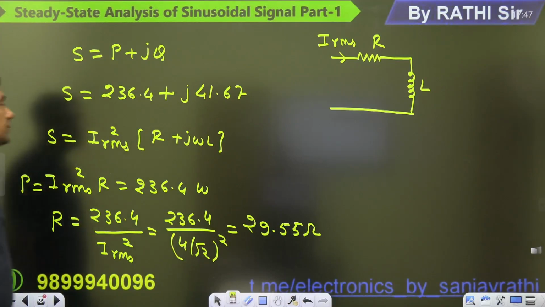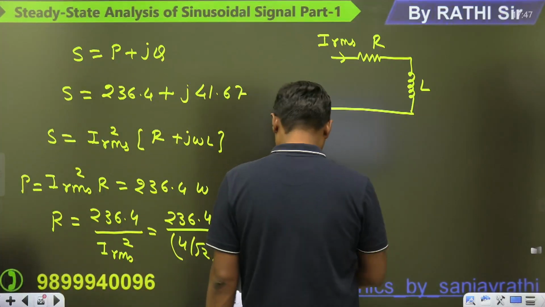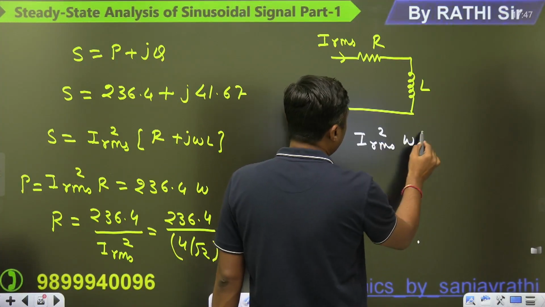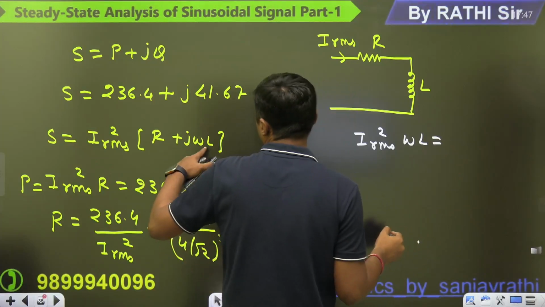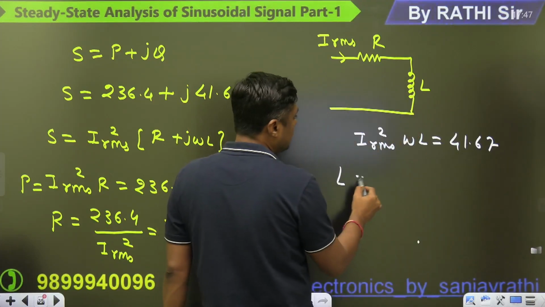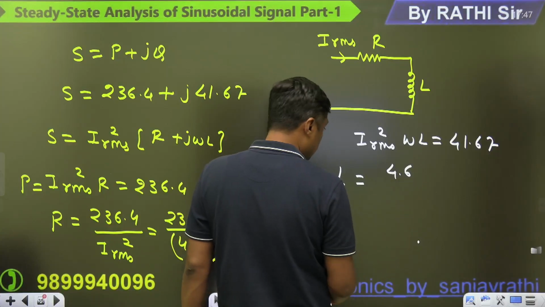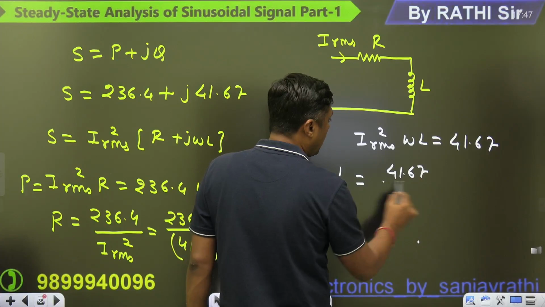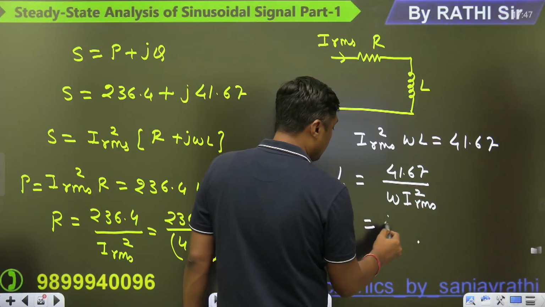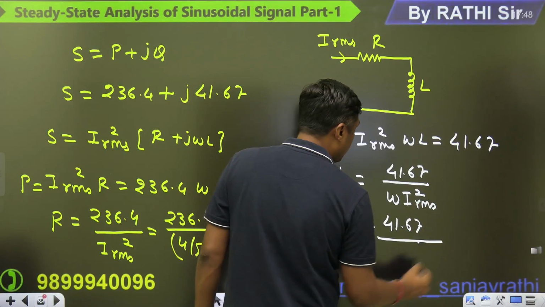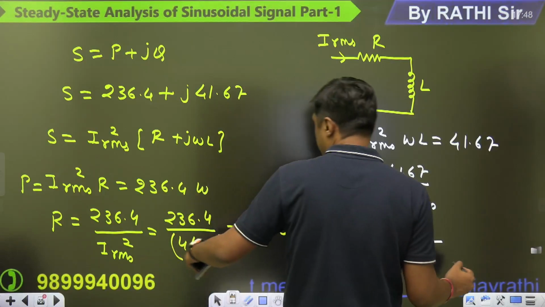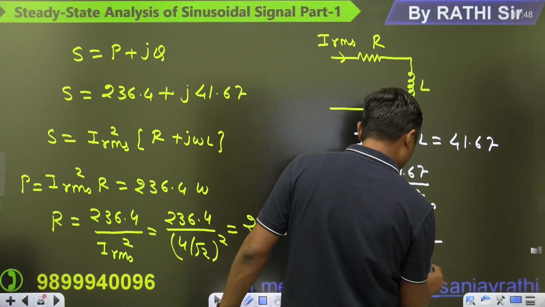Now Irms square into omega into L is equal to 41.67. So what is the value of the inductor? 41.67 upon omega into Irms square. What is omega? 100 pi. Irms square is 4 by root 2 square.